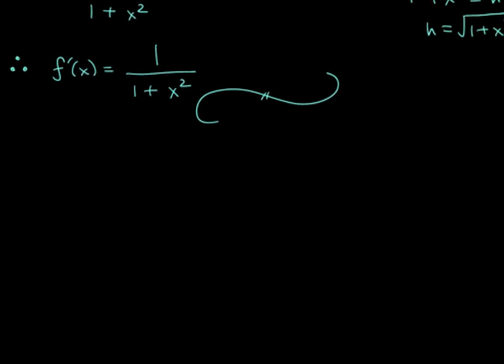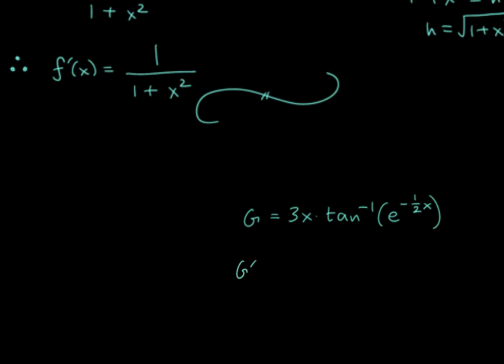Say G is equal to 3x times the inverse tangent of e to the negative 1/2 x. That's a good one. Find G prime.